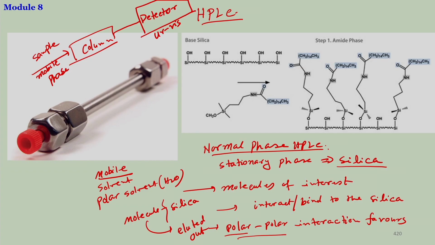If your molecules are not chromophoric, you can simply use the refractive index. Refractive index detection is another method which basically measures anything that comes out, how much of the quantity it is.